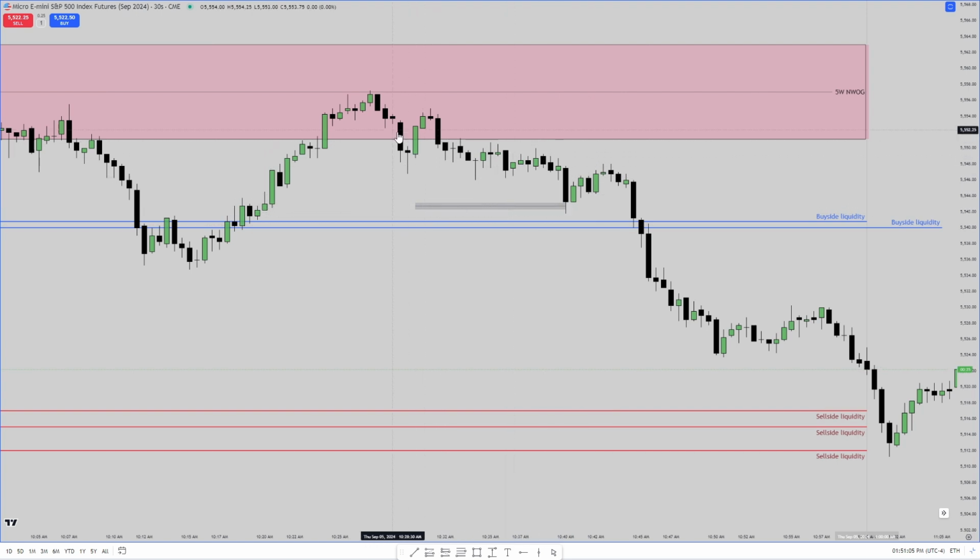So we have a few. We have this fair value gap right here, right there. That's a fair value gap. You have this fair value gap right there. Comes up nicely. You have this fair value gap right here.